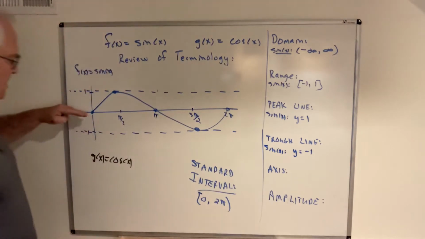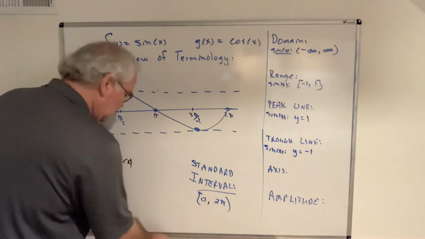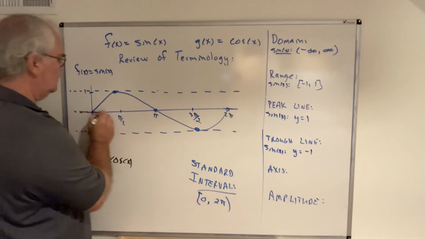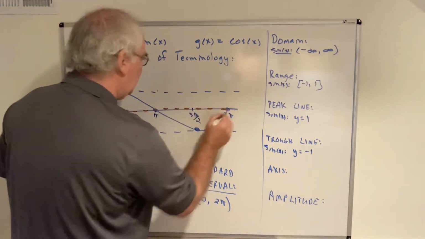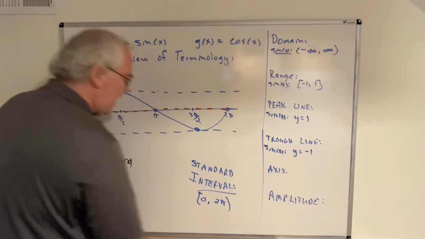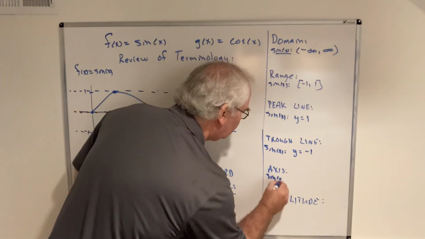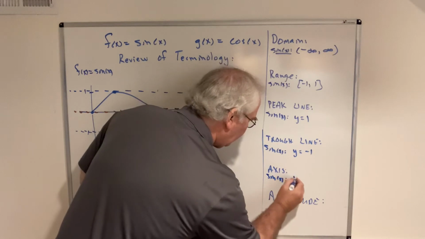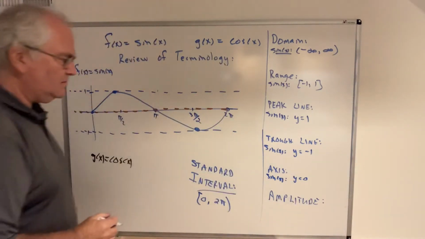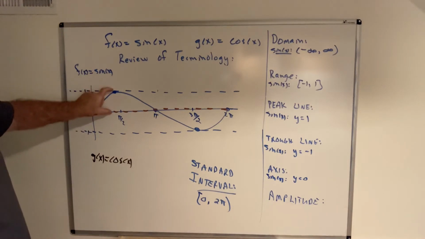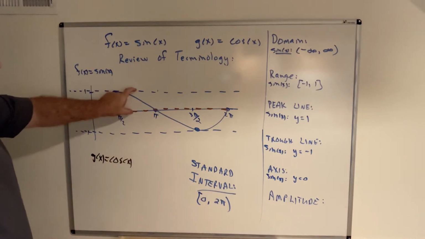What is the axis? The axis is the x-axis. And the equation of the x-axis is y equals 0. What is the amplitude? The amplitude is the distance between the peak line and the axis.